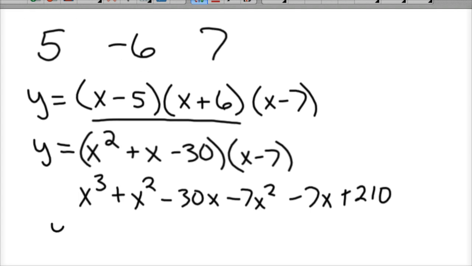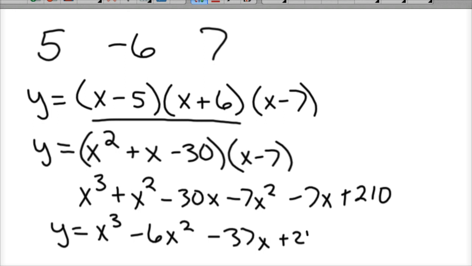Just after you combine a couple things, you'd have x to the 3rd minus 6x squared minus 37x plus 210, and you've got your polynomial function. And I'll graph that really quickly. Well, actually, I don't need to graph that. That's your polynomial function. All of those have a multiplicity of 1, because nothing would be much different.